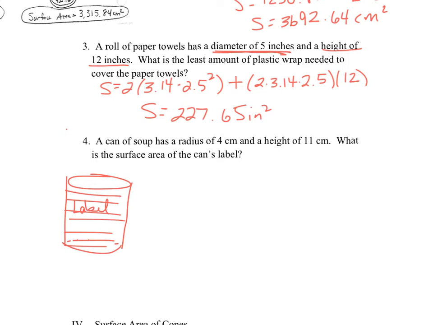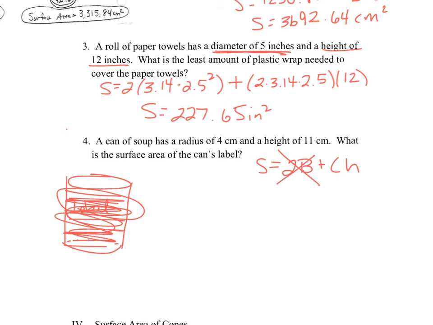So we're actually going to manipulate our surface area formula. Normally surface area equals 2 times the area of the base plus your circumference times your height. But we don't need the 2 bases. Because the label only goes around that can, just around this part of the can, we don't need the top and bottom.